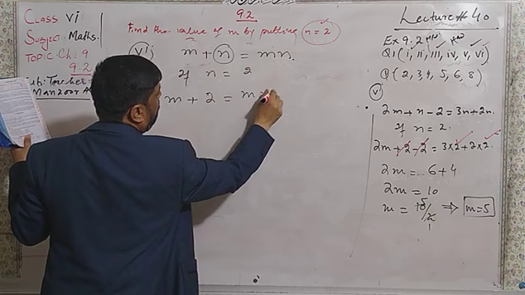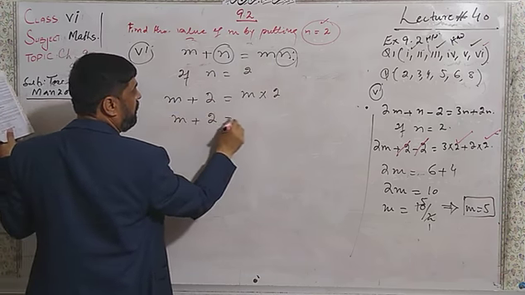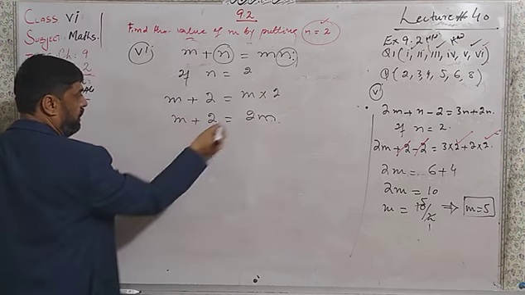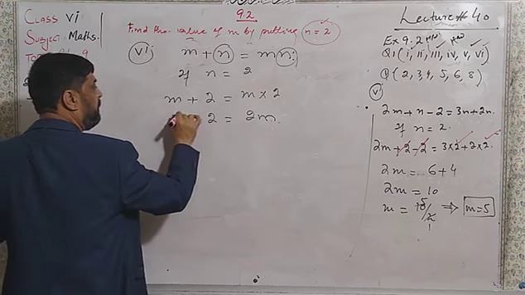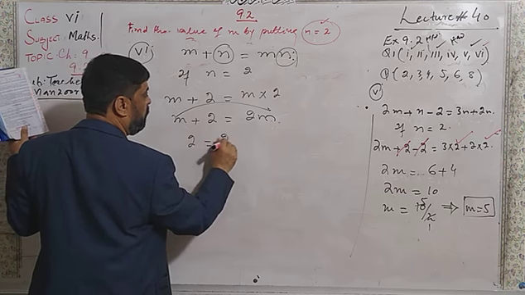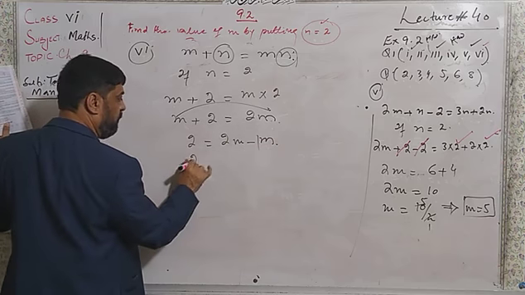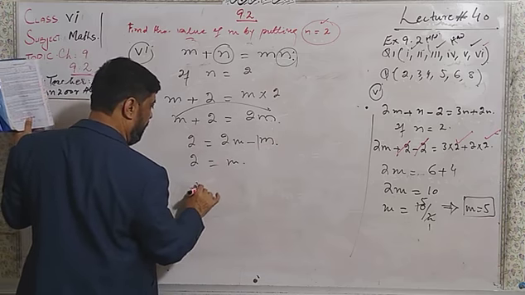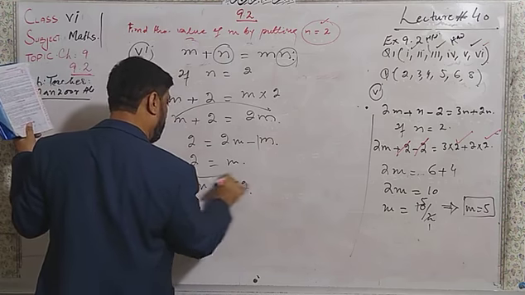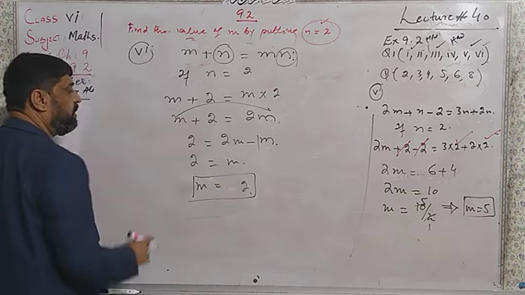Here m multiplied by 2, and m plus 2 will be 2m. Now we will shift the m here. It will be equal to 2m minus m. This is 1. So 2 will be equal to m. So m is equal to 2.